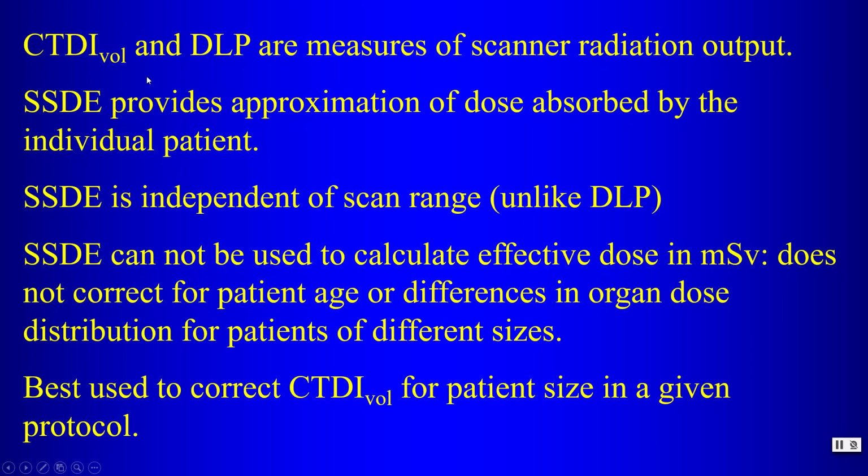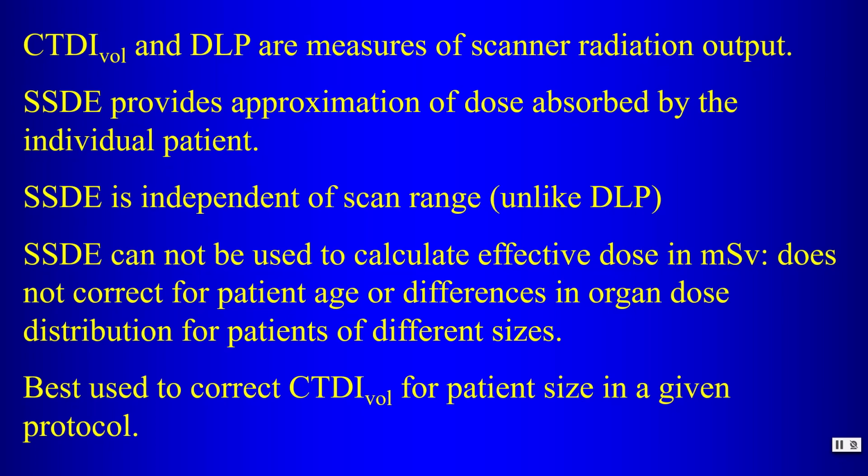So again, the CTDIvol and the DLP that we see in our dose reports are measures of scanner radiation output. The SSDE provides an approximation of dose absorbed by the individual patient, and that will change depending on the size of the patient. The SSDE is independent of the scan range, unlike the DLP. So the SSDE cannot be used to calculate the effective dose in millisieverts.